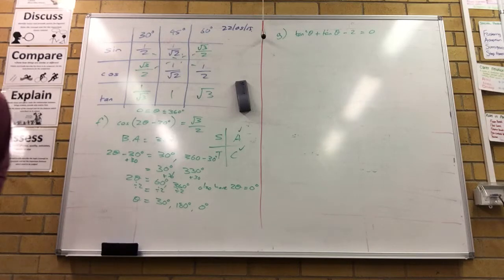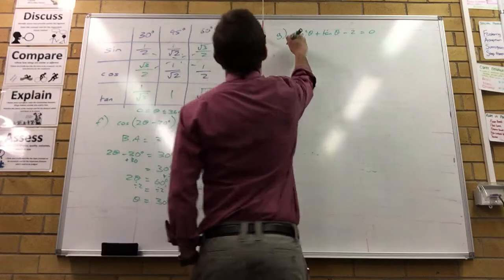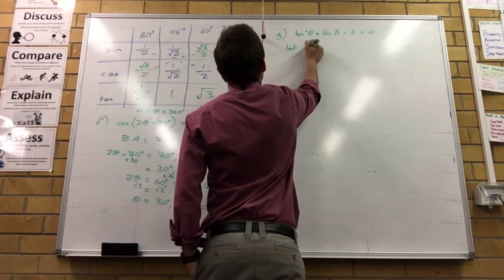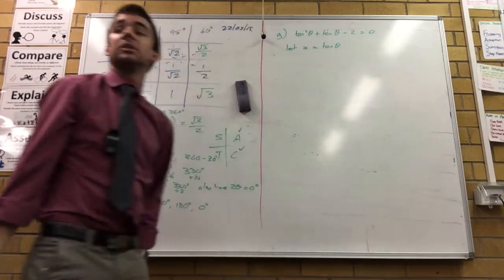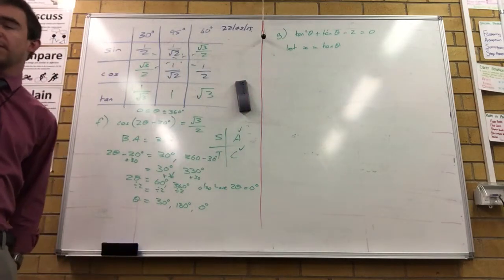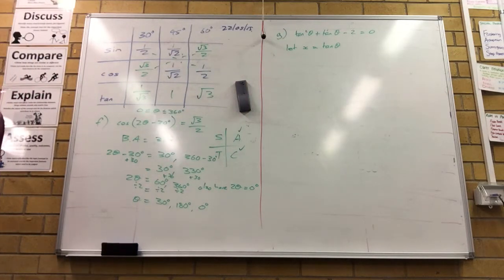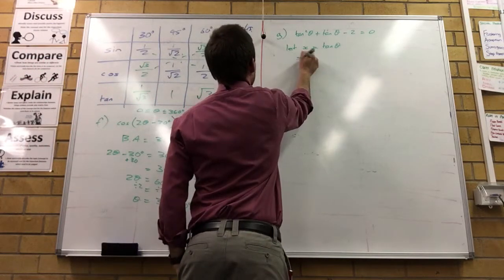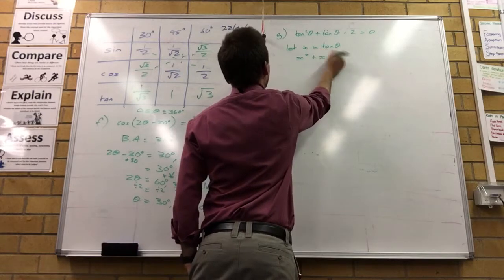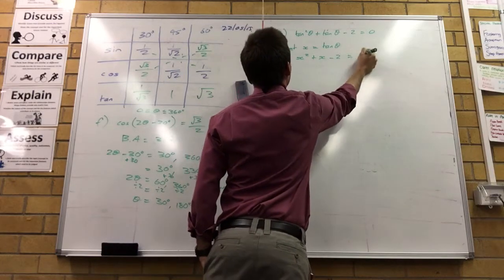Looks like a quadratic, doesn't it? So to do this, let x equal tan of theta, and we'll cover this in more detail when we do the quadratic function towards the end of your course. If we let x equal tan theta, the expression becomes x squared plus x take away 2 equals 0.